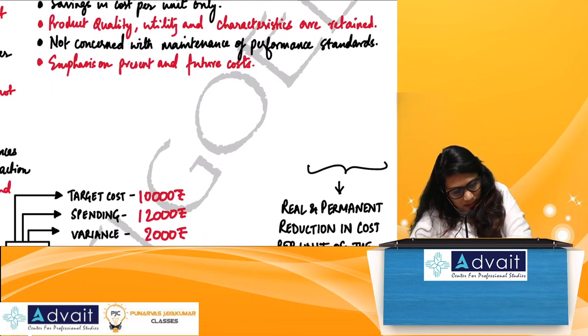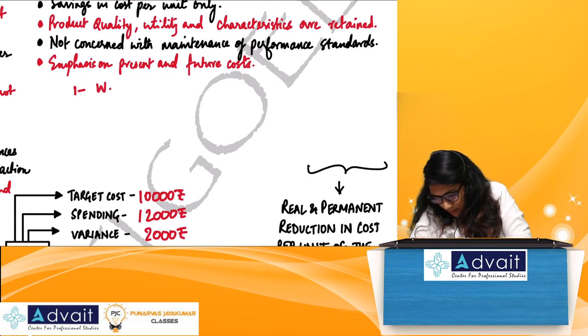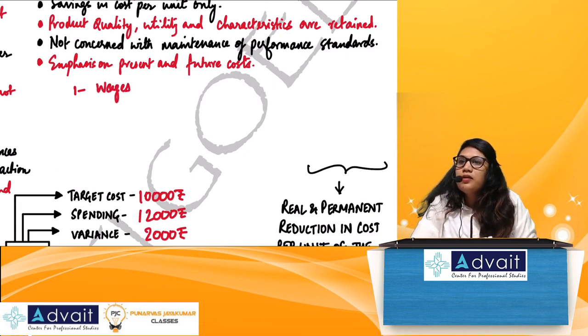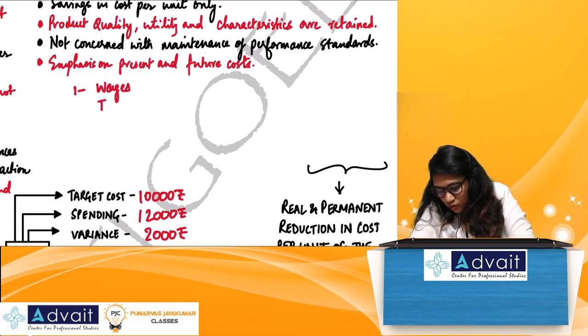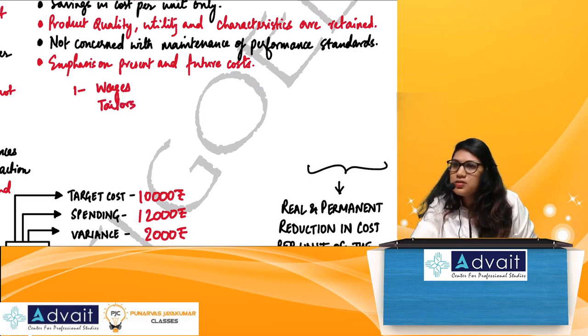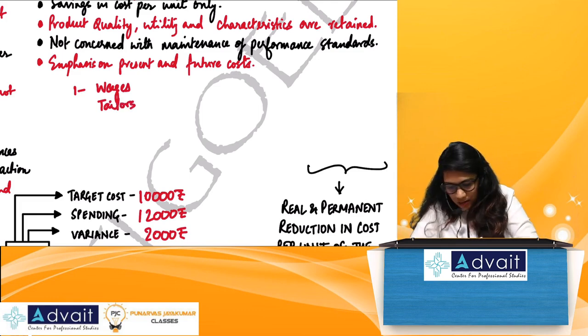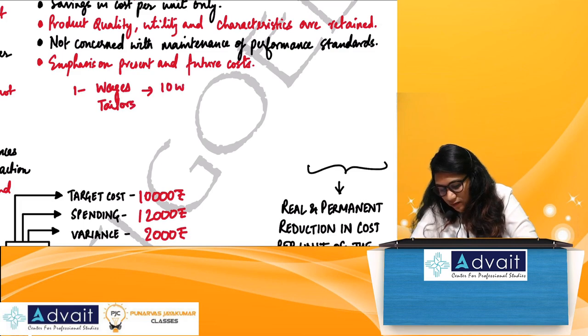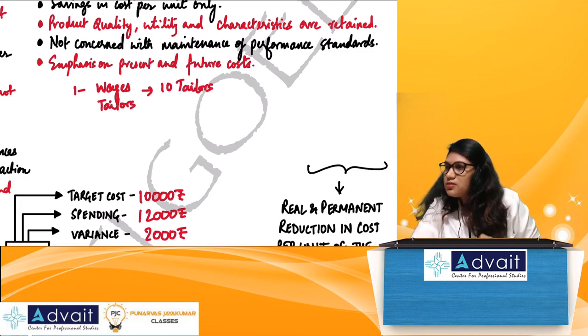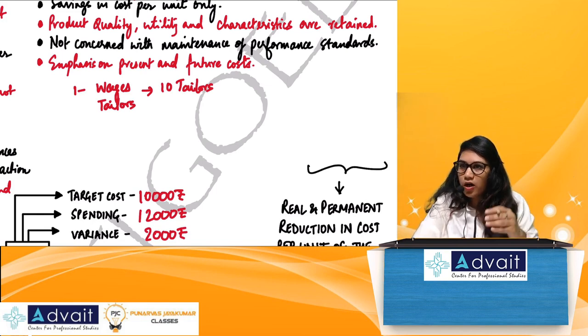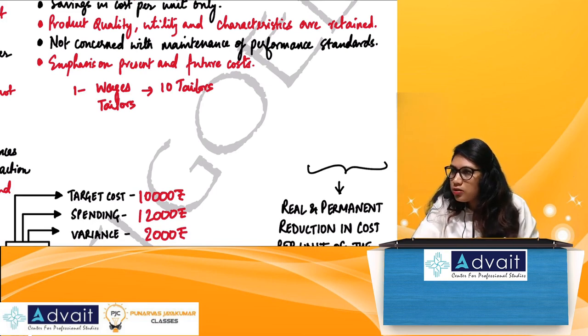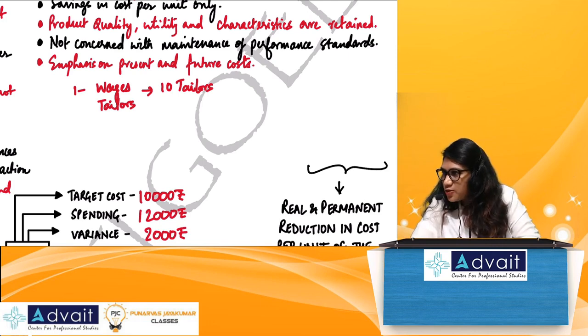Say, the first part, the process where I have wages paid to tailors. How many tailors? Say 10 tailors. Okay, they are working for me, cutting cloth. This is my first process.